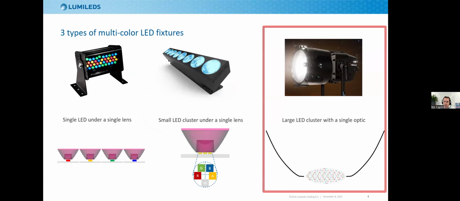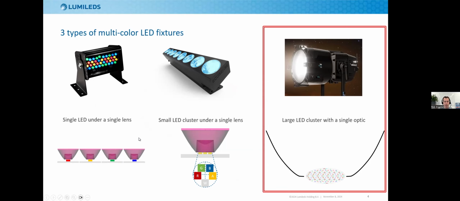Now, what is below each of these fixtures? On the left, we have our multicolor under one single lens. So here you see it depicted schematically, a single LED under a single lens. And if the LED properties are correct, for example, the exit phase of the light is at the same level, and also the size of the LED chip used is the same, then you could use the same lens in front of every color to still get uniform beams.